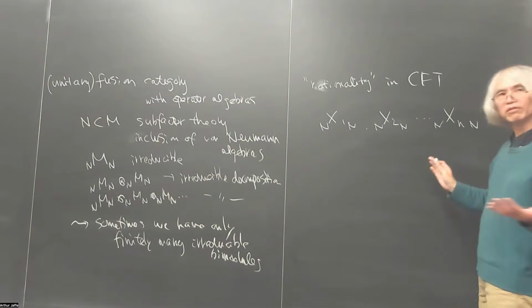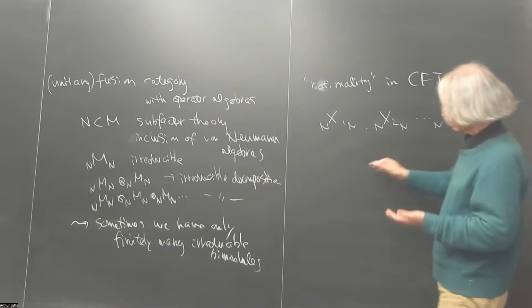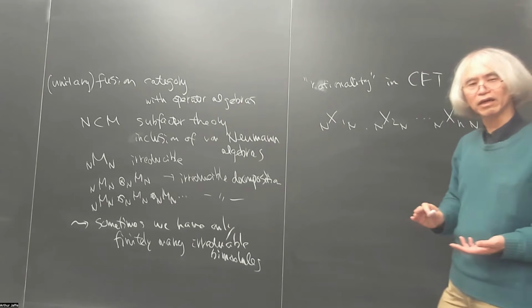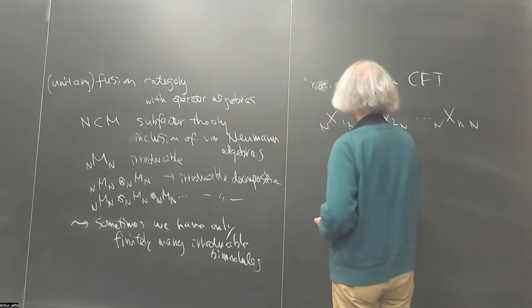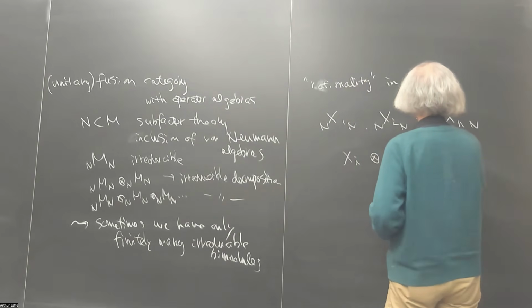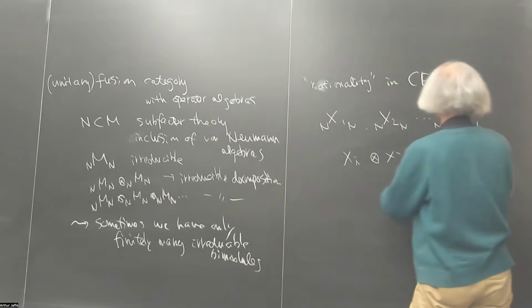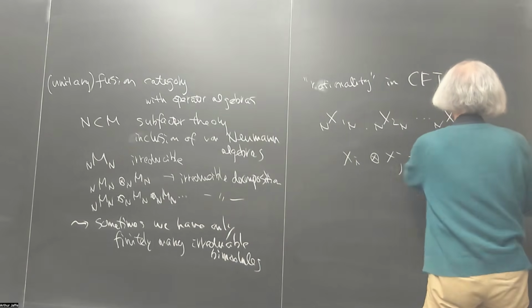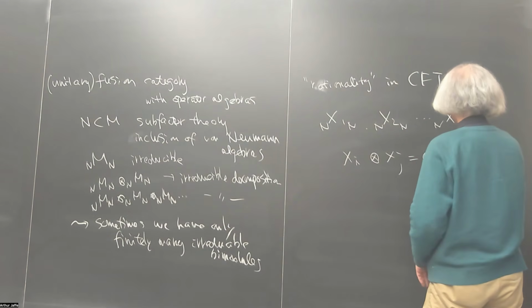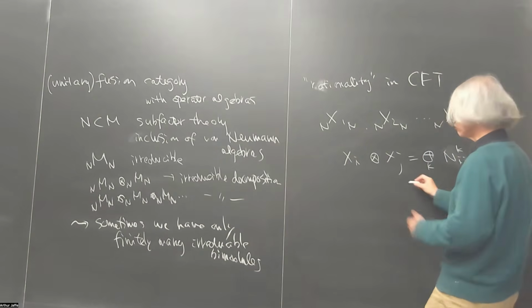So they are irreducible bimodules. Then actually, in this setting, it turns out that they are closed under relative tensor product. X_i tensor X_j. Okay, I drop N. So this is a fusion.